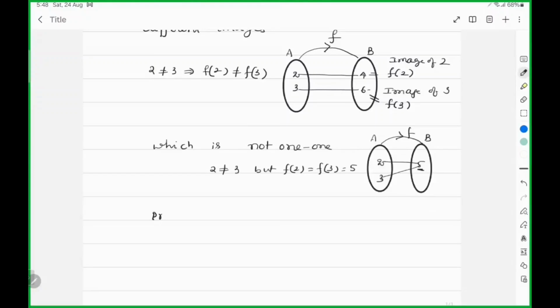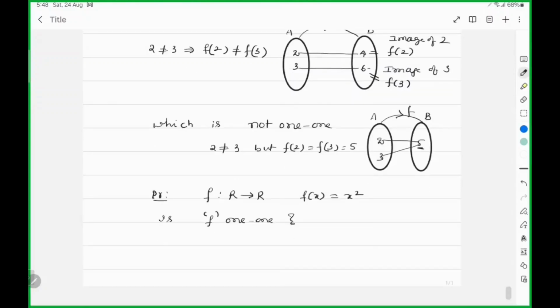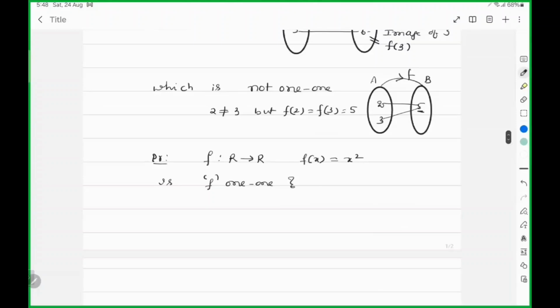But when a problem comes, f maps from R to R, f of x is x squared. Is f one-one? If something is true, you should prove it. If something is false, you should give examples. One example is enough to disprove.